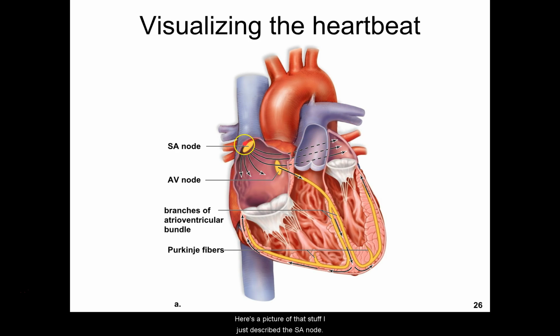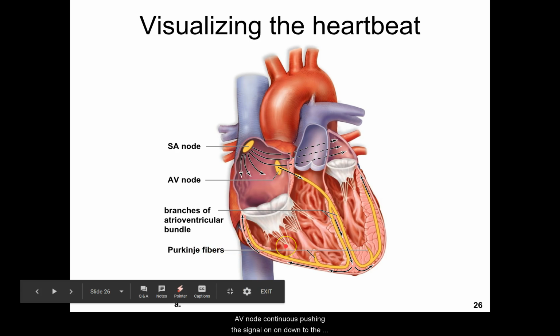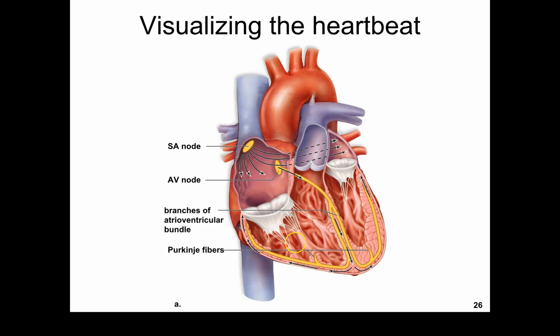So here's a picture of that stuff I just described. The SA node starts the heartbeat. This is what signals the AV node. And the AV node continues pushing this signal on down to the Purkinje fibers. All right.